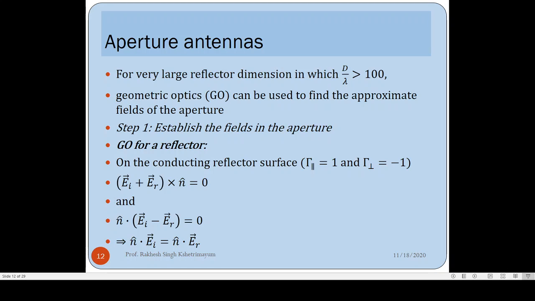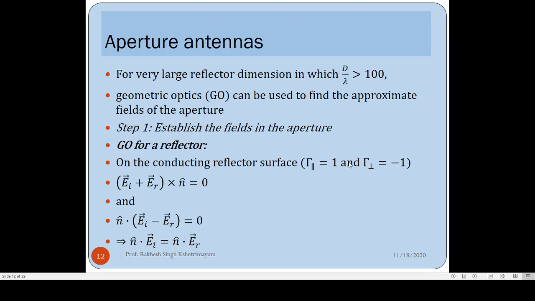Basically when you consider plane wave reflection from a media interface with oblique incidence, you consider one is parallel polarization and another is perpendicular polarization. If you have a conductor, you can assume it's a perfect electric conductor. In that case, the reflection coefficient for parallel polarization will become 1. Reflection coefficient for perpendicular polarization will become -1.